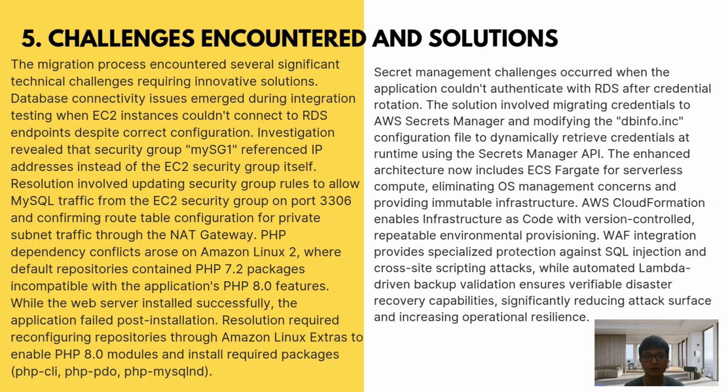Investigation revealed that security group MySG1 referenced IP addresses instead of the EC2 security group itself. The resolution involved updating security group rules to allow MySQL traffic from the EC2 security group on port 3306 and confirming route table configuration for private subnet traffic through the NAT gateway.